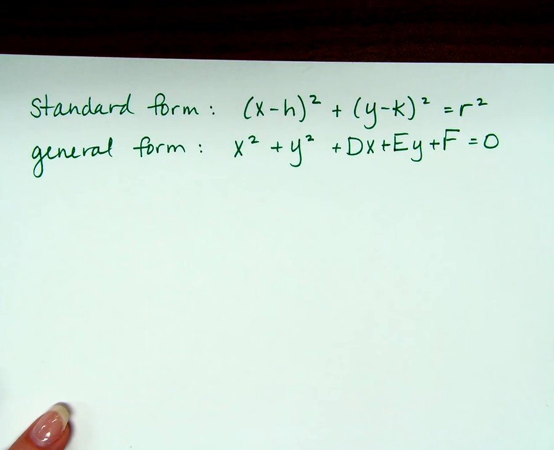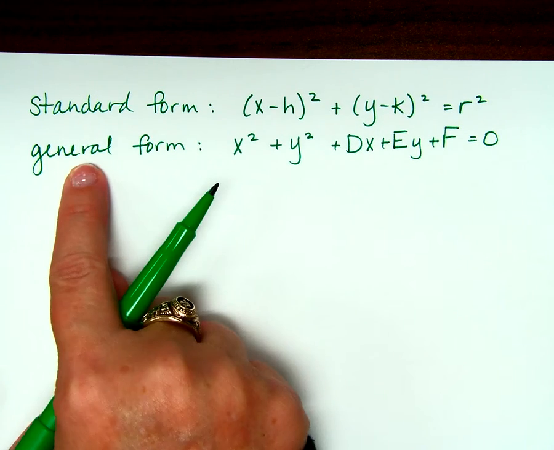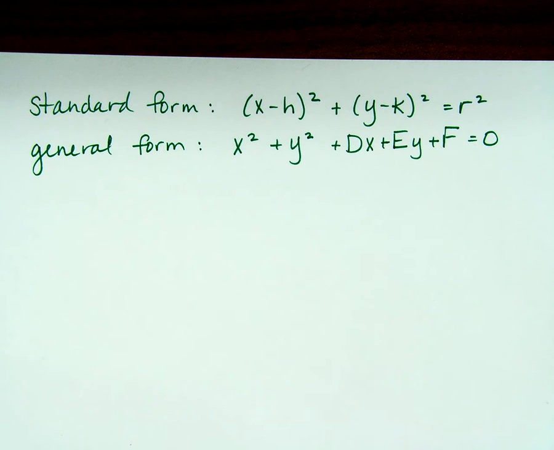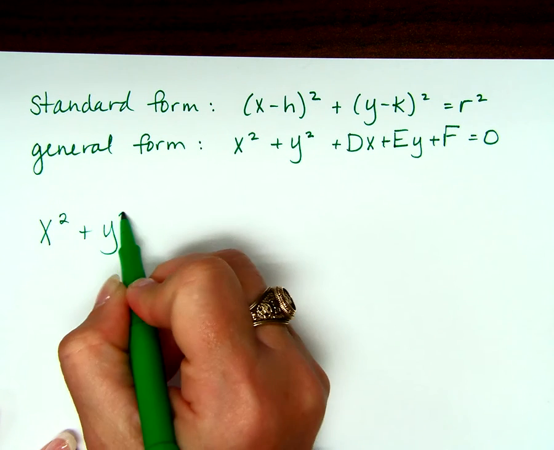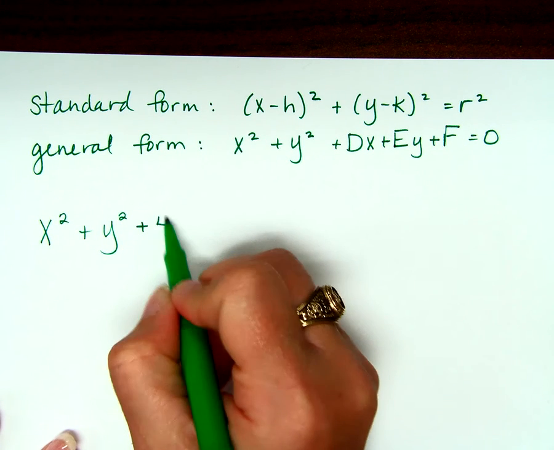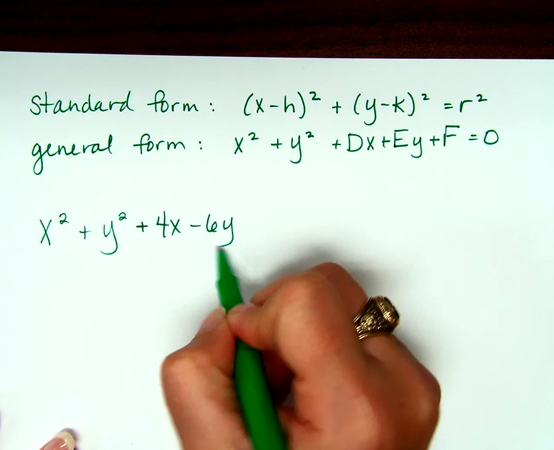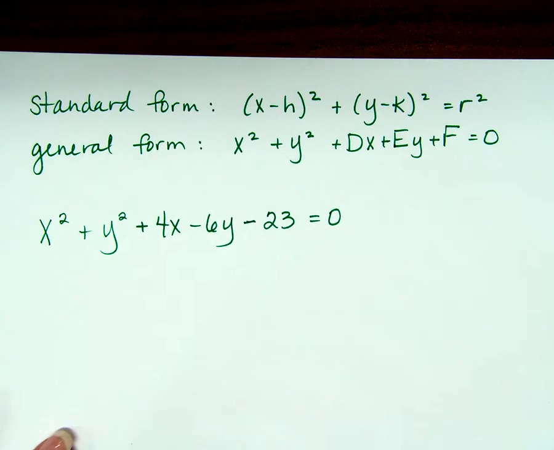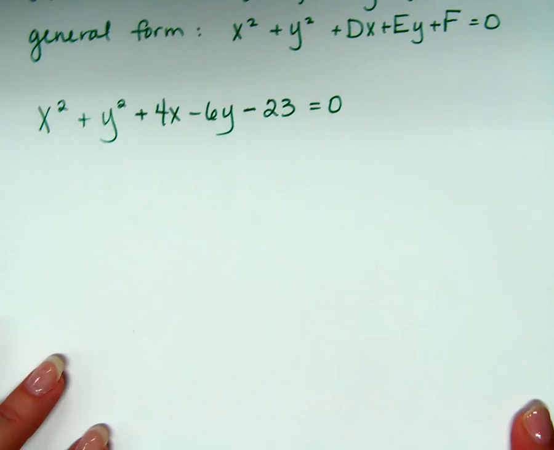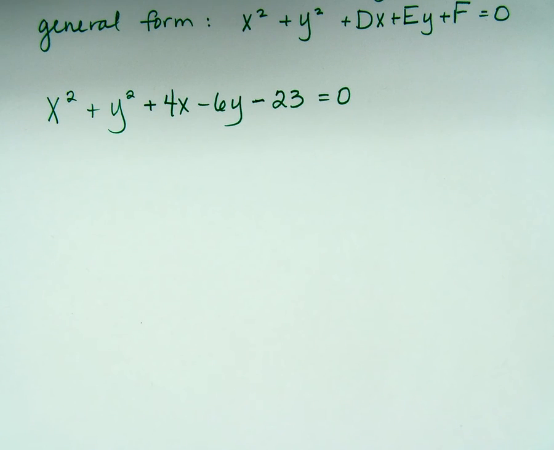In order to convert general form to standard form, we have to do that by completing the square. Okay? So here's an example. x squared plus y squared plus 4x minus 6y minus 23 equals 0. Got it?